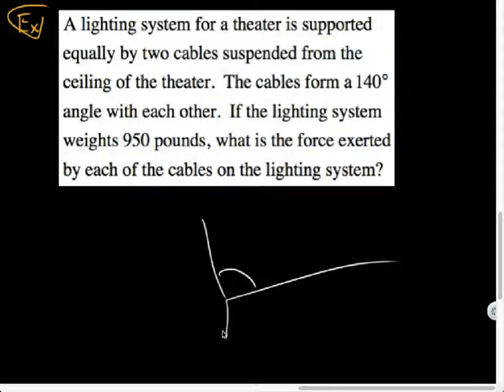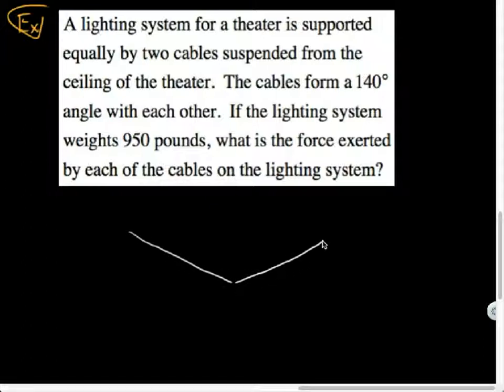No, that wouldn't be equal. One of those would be under much greater stress. So if it's equally supported, I imagine they have to be somewhat symmetric to one another, like so.